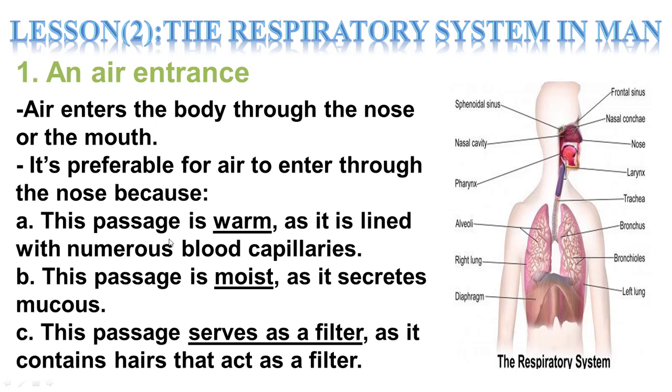Your nose is warm because of the presence of blood capillaries. Number two, this passage is moist because of the secretion of mucus. Number three, this passage also filters the air from any microbes and dust because of the presence of hair.